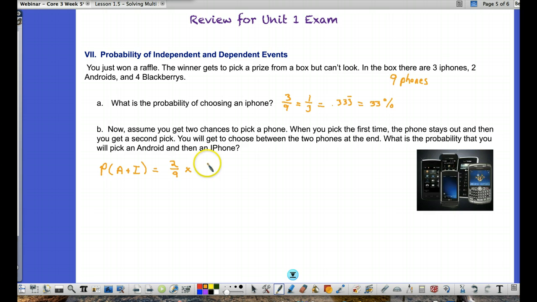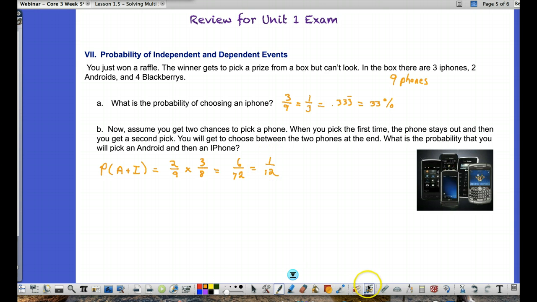So we still have how many iPhones? 3 iPhones, but how many phones do we have in the bag? Good, only 8. So the probability of picking an Android and then an iPhone is 6 over 72. You multiply those: 3 times 2 is 6, 9 times 8 is 72. We can reduce that to 1 over 12.